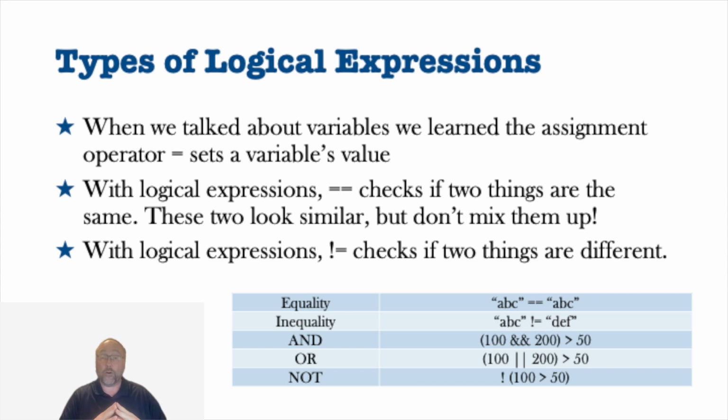And then an or, that's two pipes: 100 or 200 are greater than 50. And then the exclamation point for not: 100 is greater than 50, not. That expression is kind of confusing. Let's get into it and look at some simple examples.